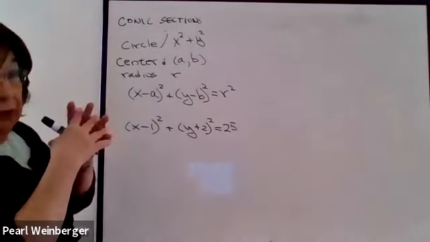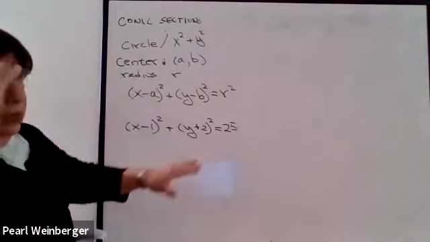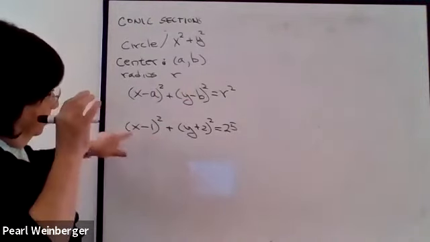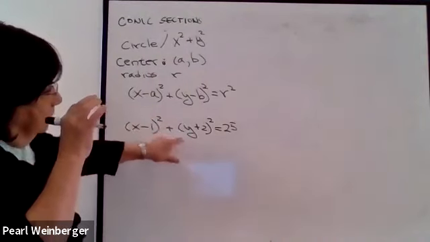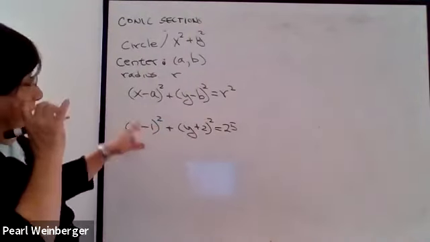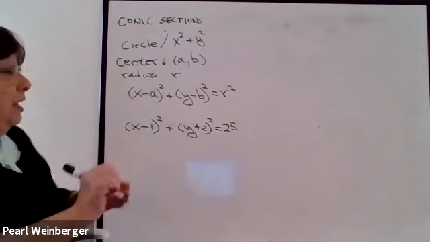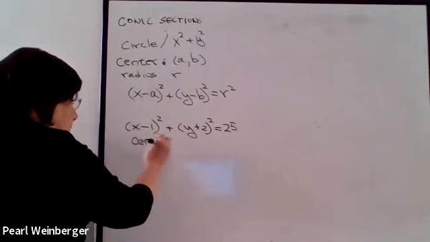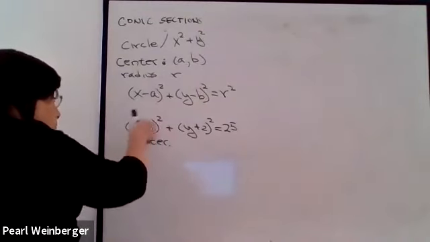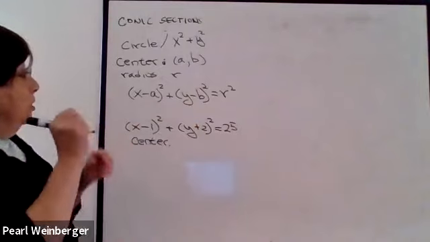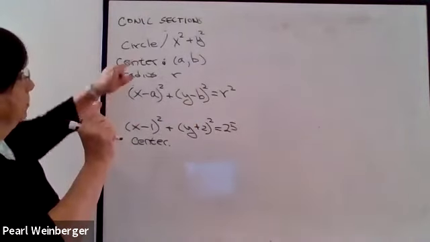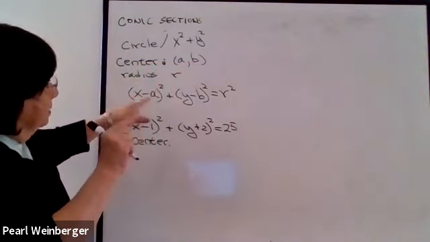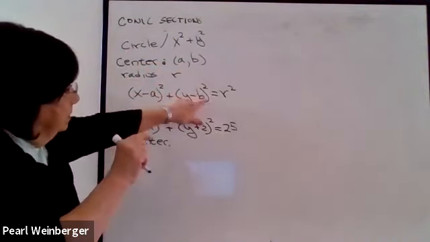So we're going to have to be able to look at these equations and tell what kind of shape we're going to get. In this case, this is going to be a circle because I have an x squared and I have a y squared. Now, its center is not at the origin, because this has numbers inside the parentheses. So what will the center be? Well, we said when the center is AB, we got x minus a and y minus b.